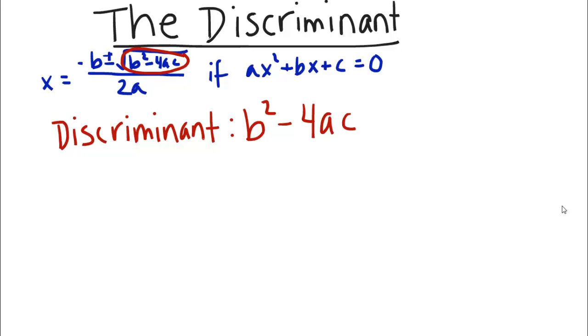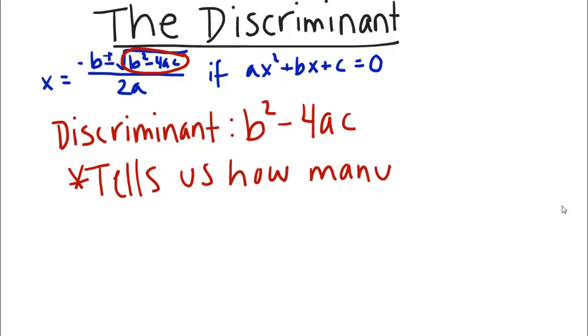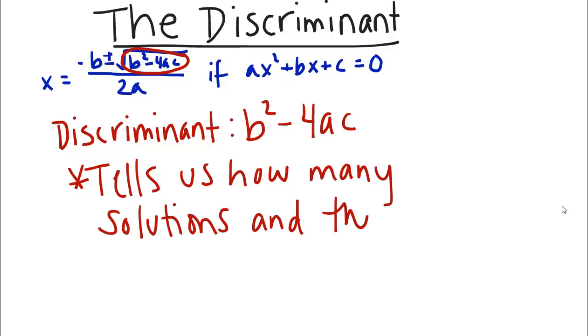But overall, this discriminant will tell us how many solutions and of what type. So by type, maybe we're talking about some real solutions, maybe some rational solutions, maybe some irrational solutions. So let's investigate the three cases.